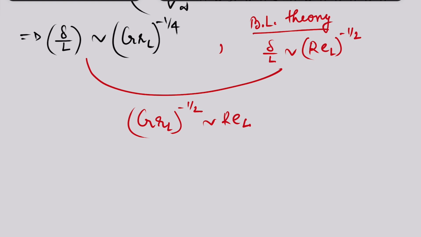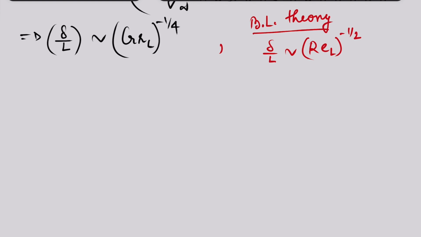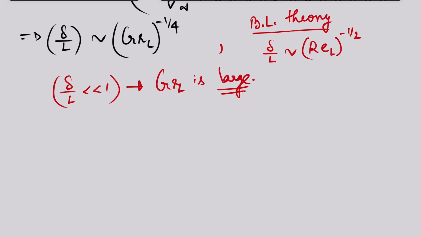So here if I have to say that my delta by L is much less than 1, this will be true only if my Grashof number is large. Okay, I mean in the boundary layer theory, the Re L should be large for the delta by L to be much lesser than 1, and here the Grashof number is actually playing that role.